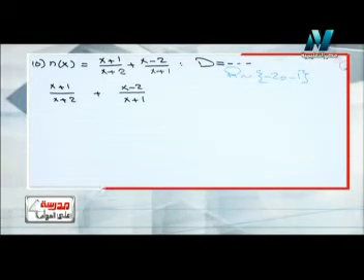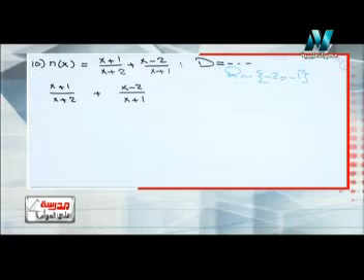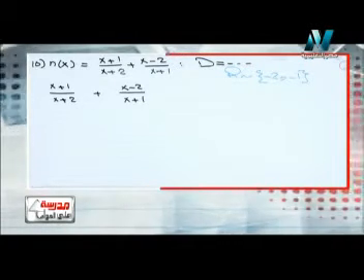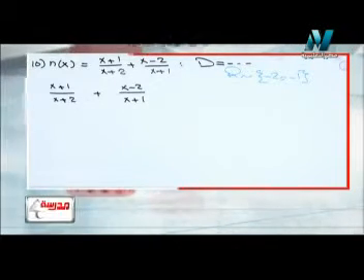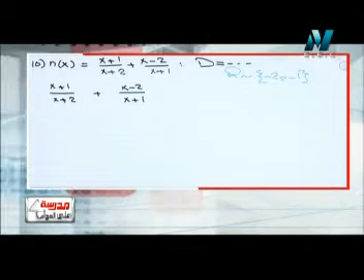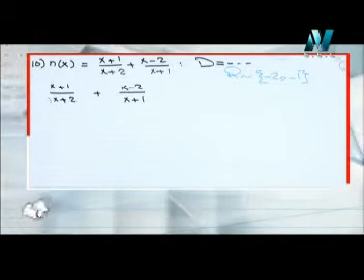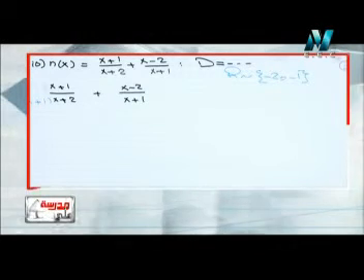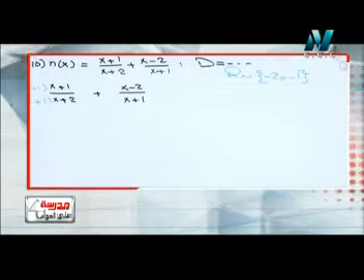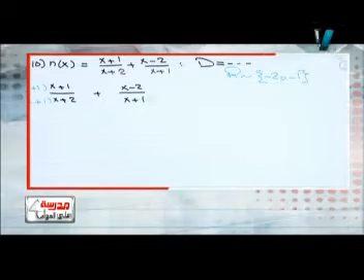The main strategy we follow to find the sum of these two functions is make a common denominator, and the denominator here is x plus 2 and the denominator here is x plus 1, so I have to multiply up and down by x plus 1, and here I'm going to multiply up and down by x plus 2.